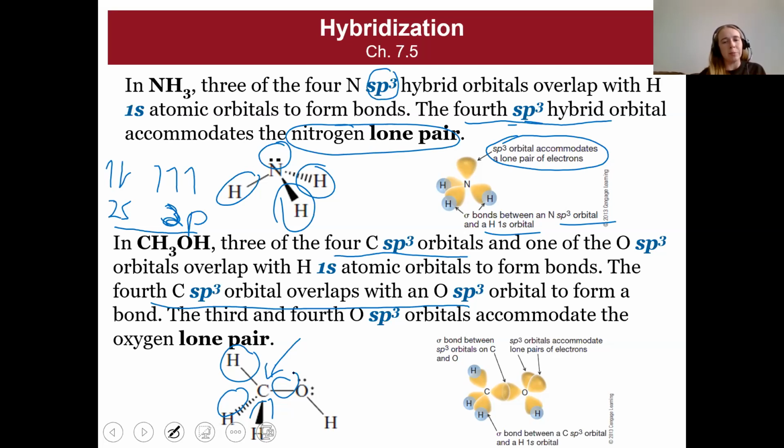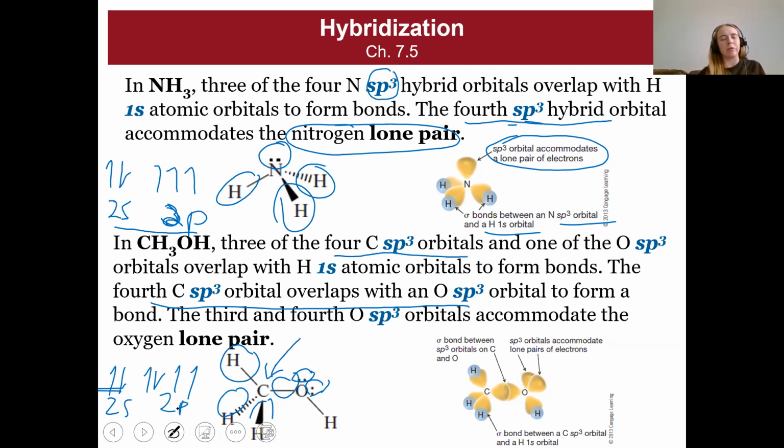You can tell by looking at the electron domains. There are four electron domains. So there's the two bonds, and then there's two lone pairs. So in oxygen, our electron configuration is this 2s, and then we've got another pair in the 2p orbitals.